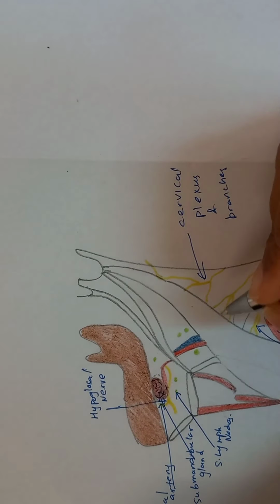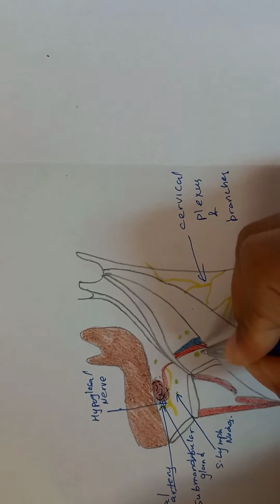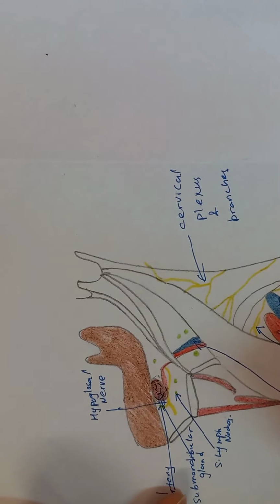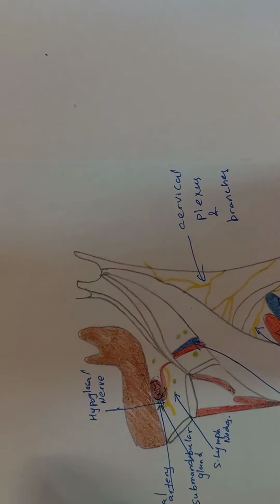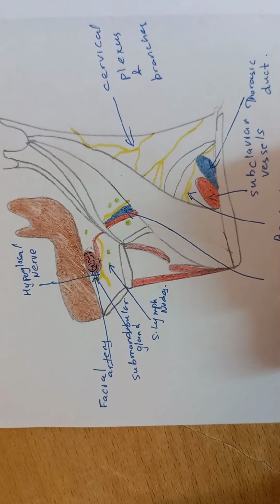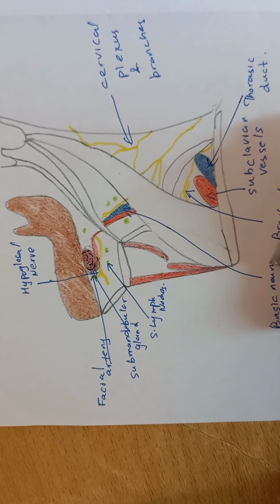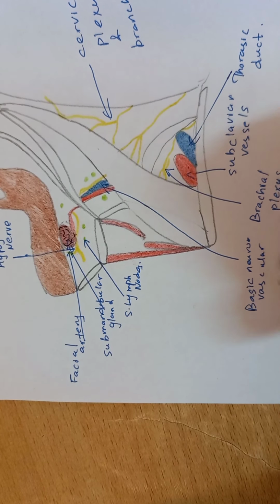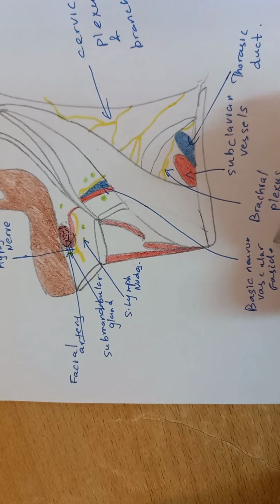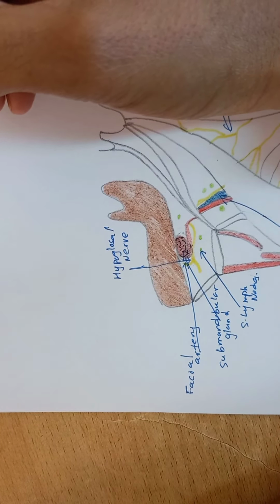And in the carotid triangle, we can see the basic neurovascular fascicle, which contains common carotid artery, internal jugular vein, and the vagus nerve. This is the basic neurovascular fascicle. In the lateral view, we cannot see submental triangle.